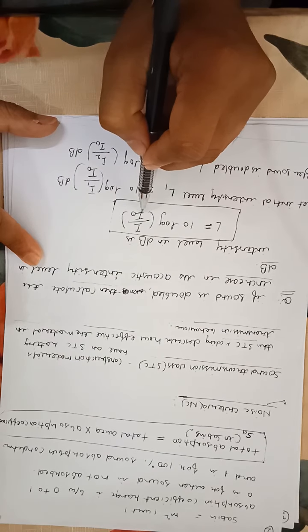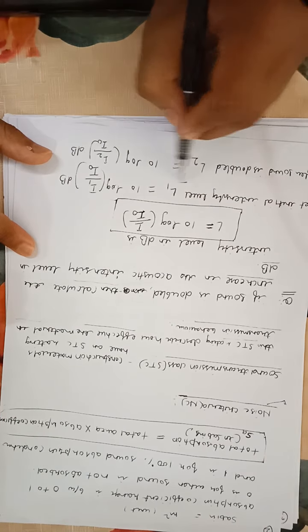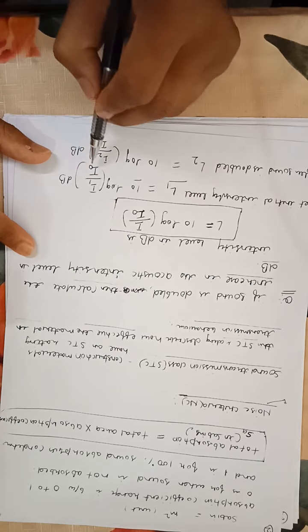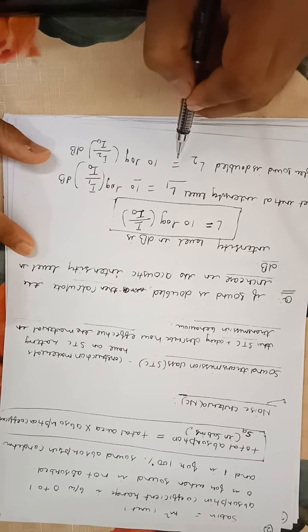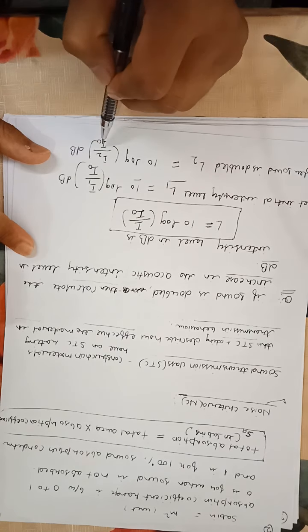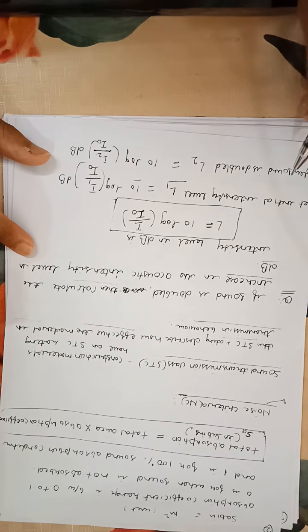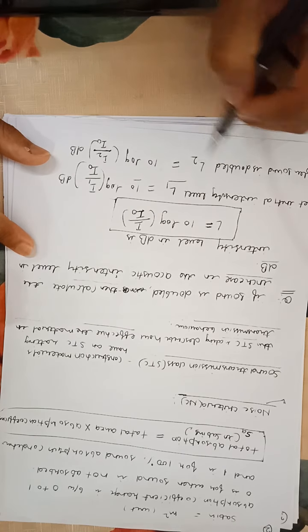This is the initial intensity and this is the changed one. So let the initial intensity level L1 be equal to 10 log (I1 over I naught) decibel. Then after the sound is doubled, L2 is equal to 10 log (I2 over I naught) decibel. So we take the intensity level at two stages.